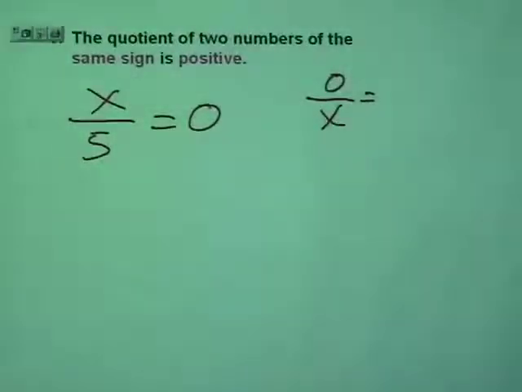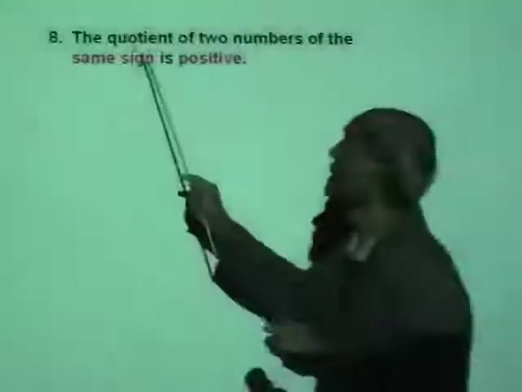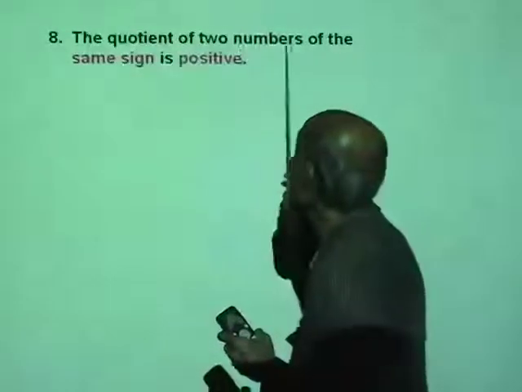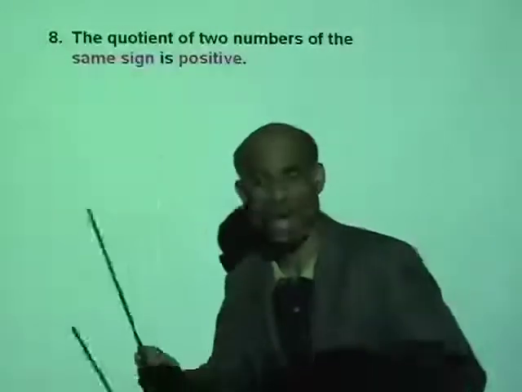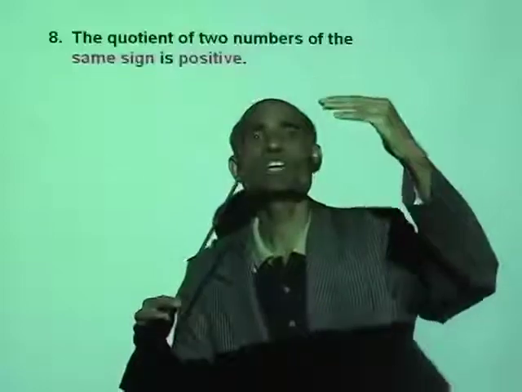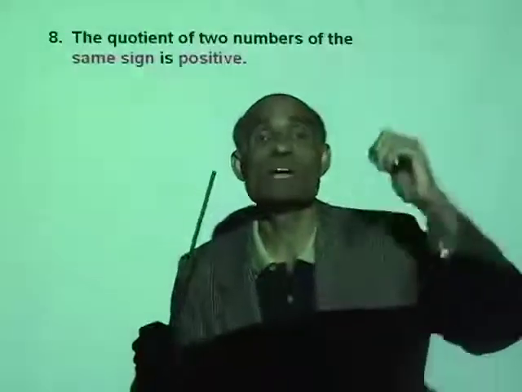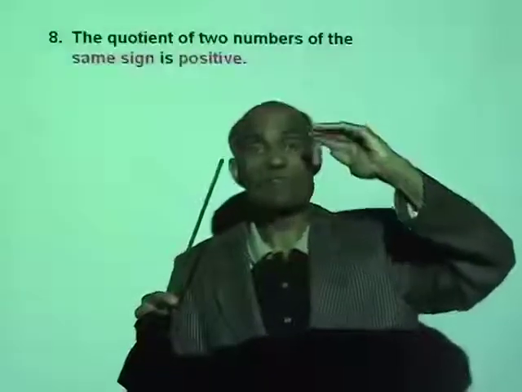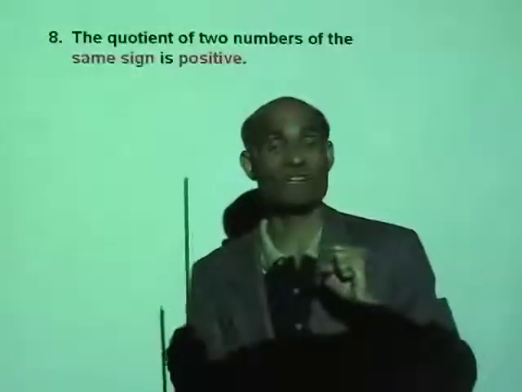Okay, let's go on. Another property, the quotient of two numbers of the same sign is positive. What is the meaning of a quotient? A quotient is one number divided by another number. A positive number divided by a positive number will be positive.